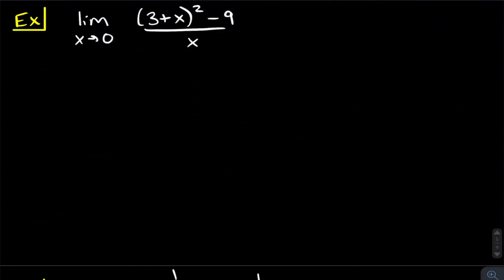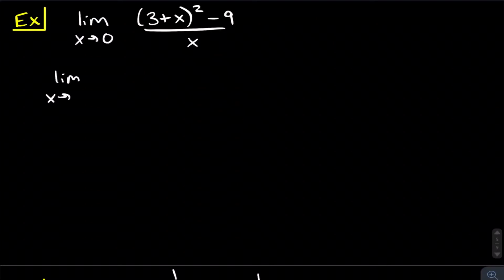So for this case, this has already been factored. There's no factoring we can do here. We have a 3 plus x squared. You can think of that as being like a factored form of whatever quadratic you would have had if you had expanded that. There are no common denominators to find here. And it really looks like the only thing we can do here is just expand this (3 plus x) quantity squared.